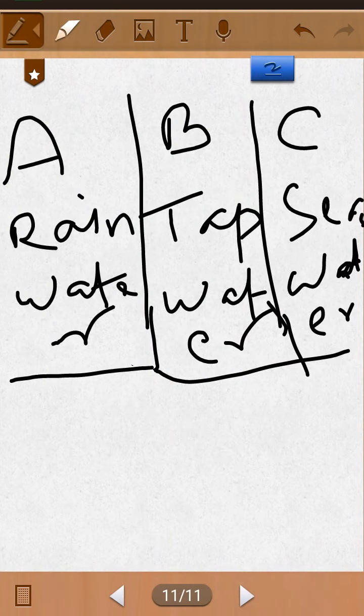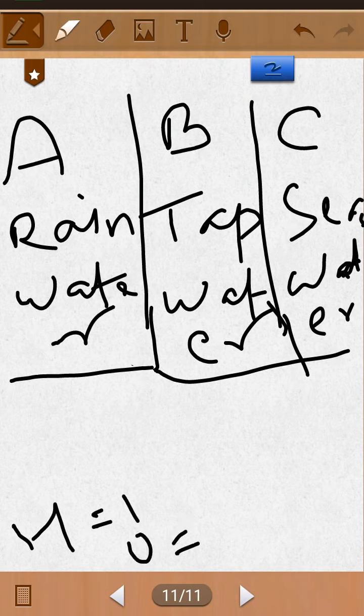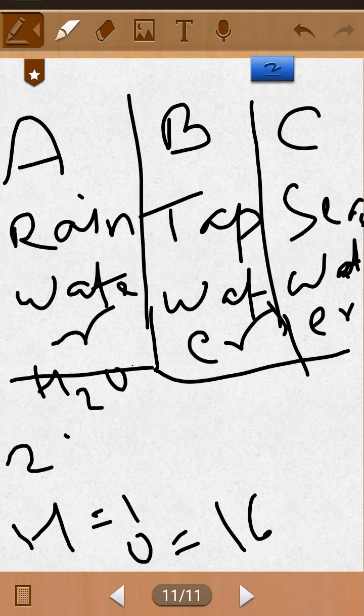Such as in rainwater, what is the ratio of hydrogen and oxygen? The atomic mass of hydrogen is 1 and the atomic mass of oxygen is 16. In rainwater, the H2O ratio is 2 to 16.